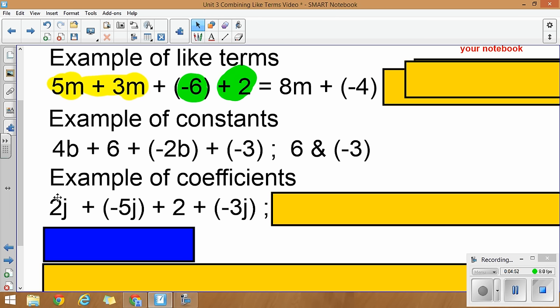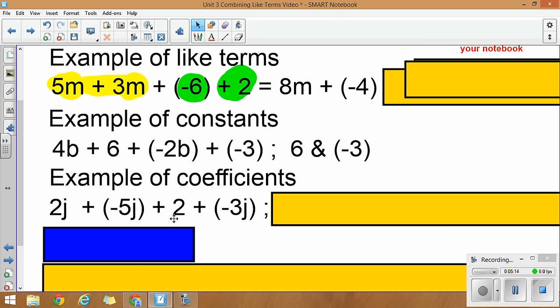So if you notice, 2 is being multiplied to j, so 2 would be a coefficient. Negative 5 is being multiplied to j, so negative 5 is a coefficient. It's not just 5 because 5 is negative. Remember, that's a sign, not the operation.